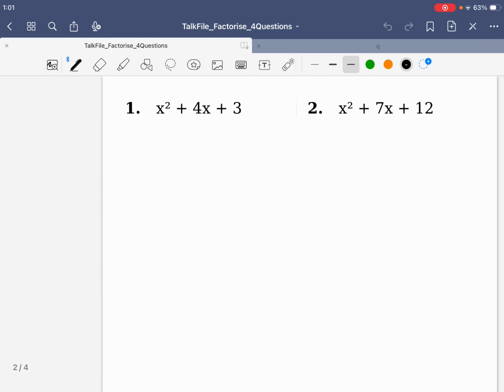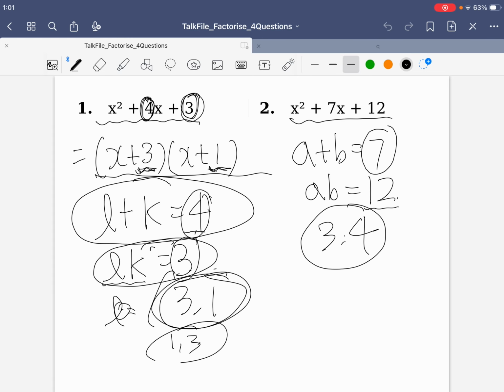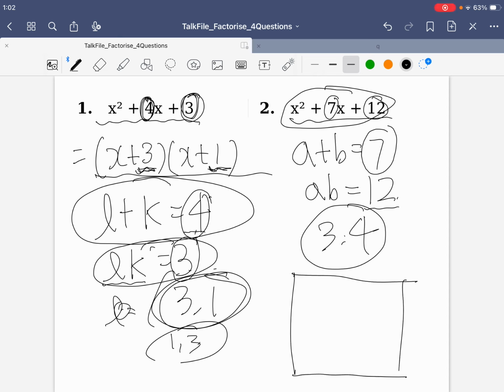So that's how we did this last time. And 7x plus 12 is basically exactly the same as the rectangle we just did. What we did was find a pair of numbers. And why is it a pair of numbers? Because if you think about the rectangle, 1 is x, and this will be a square, and then 1, 2, and 3.